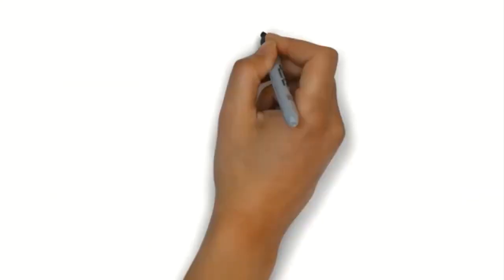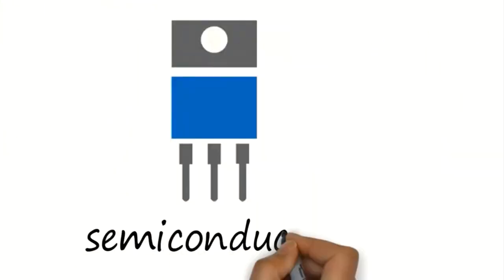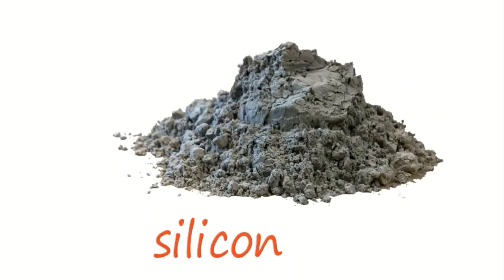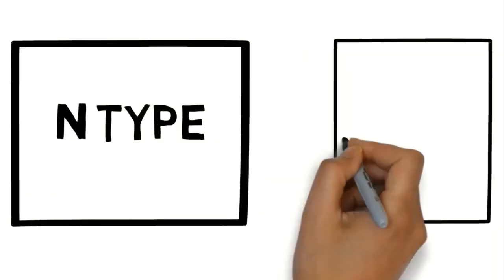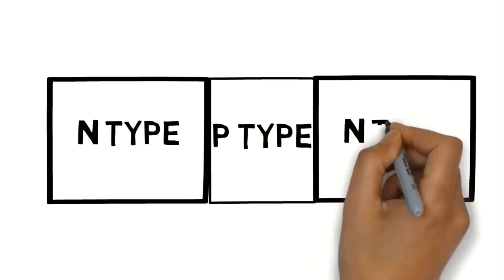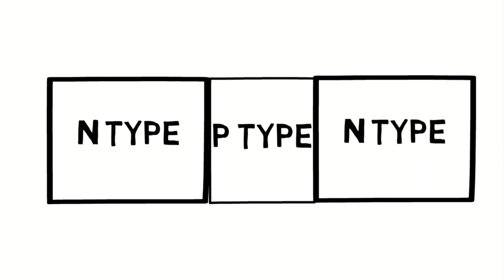Boolean logic uses two possible values, true and false, which are represented by voltages: high as 5 and low as 0. Transistors use a semiconductor like silicon treated with different elements to create an electron-emitting N-type and an electron-absorbing P-type. They are arranged in three alternating layers: the emitter, the base, and the collector.